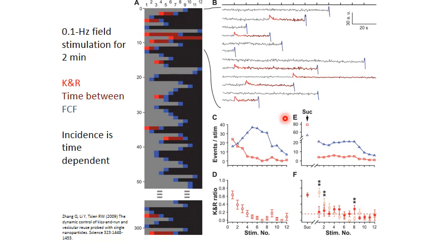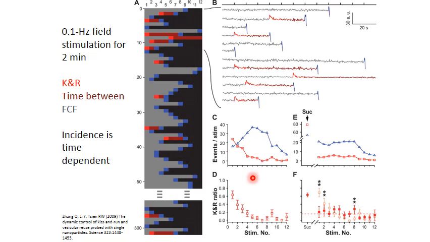It also may depend upon which vesicle pool is available. In the next experiment, they use a high concentration of sucrose. It's called hypertonic sucrose, so osmotically large amounts of sucrose, which has been known for a number of decades now, that causes fusion of all of the vesicles that are docked and primed and ready to go.